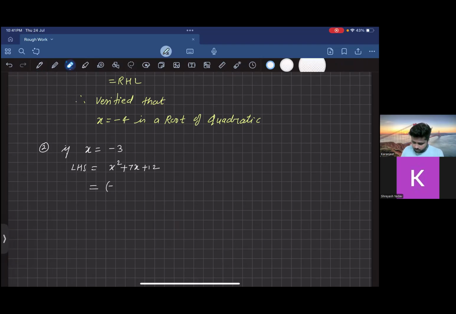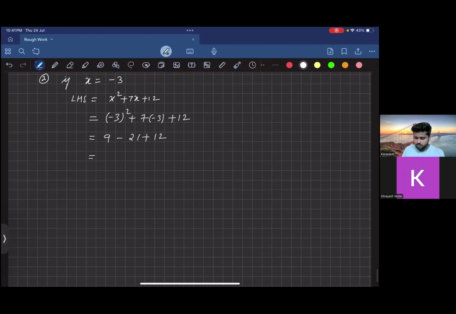Then we get -3 square plus 7 into -3 plus 12. Therefore, 9 minus 21 plus 12. 9 minus 21 is, I think it is -12. So -12 plus 12 is going to be 0, which is same as RHS.